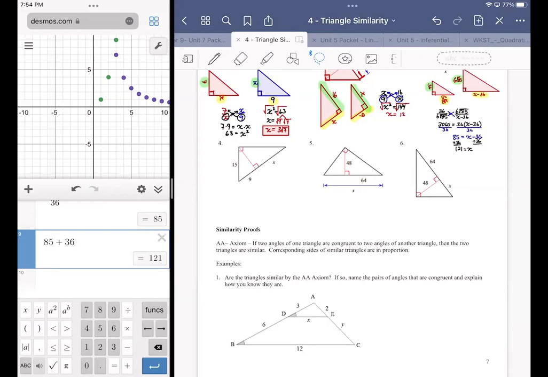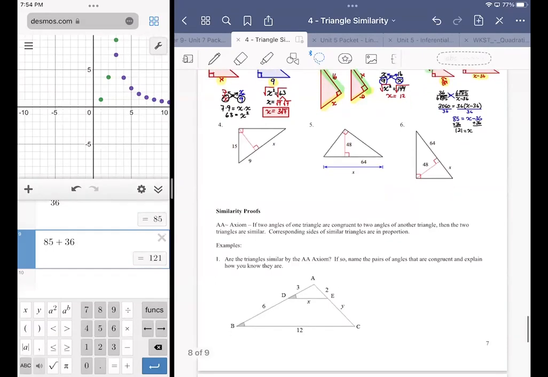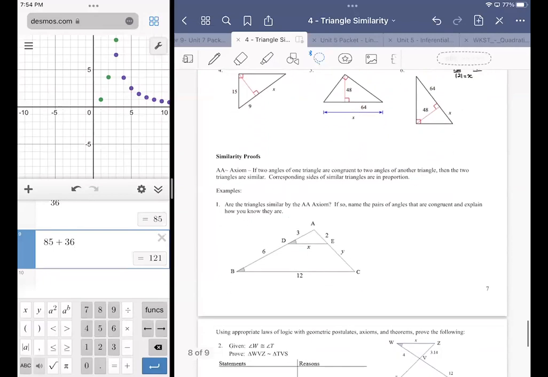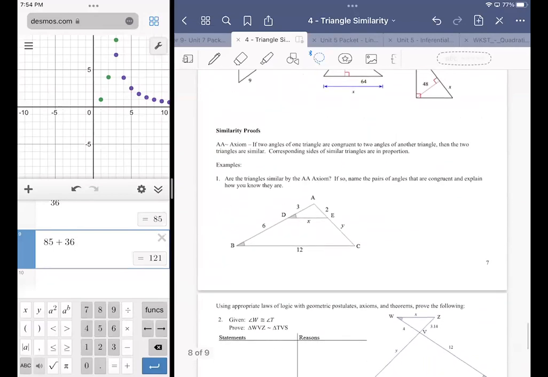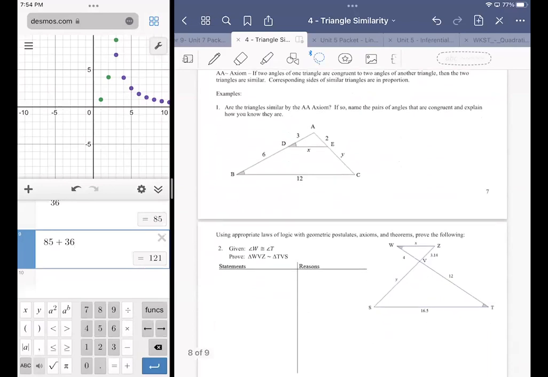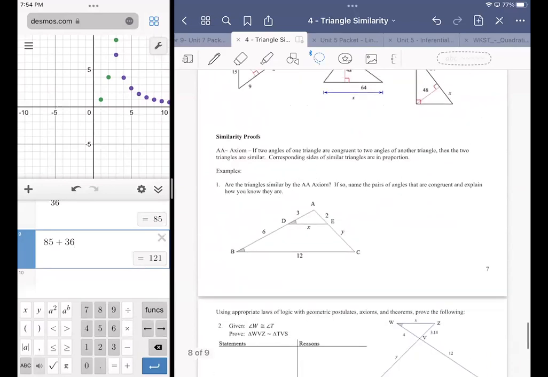So the first example here, actually all of these that involve numerical values, have the same kind of structure where you show it's in proportion, and then from there you can state that it's similar. But the first example: are the triangles similar by the AA axiom?